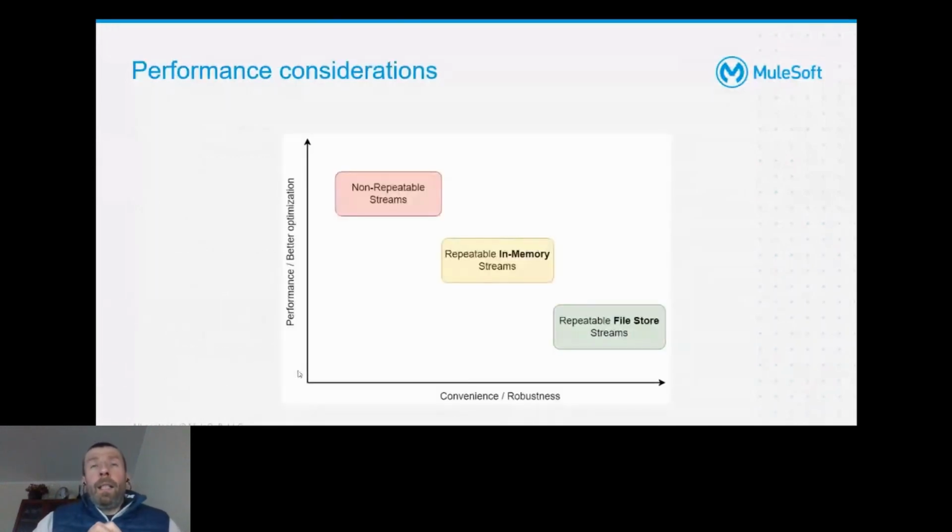One of the final slides, I created this picture because it shows the position of those streams in this whole ecosystem. On the horizontal axis, we have the factor of convenience and robustness. By robustness, I mean not throwing exceptions.